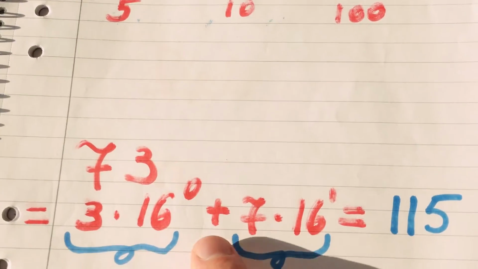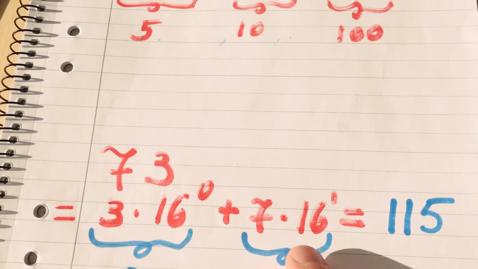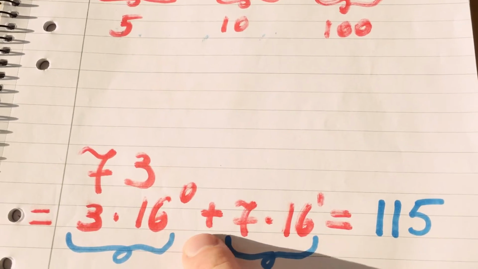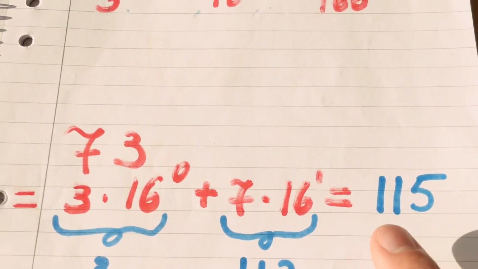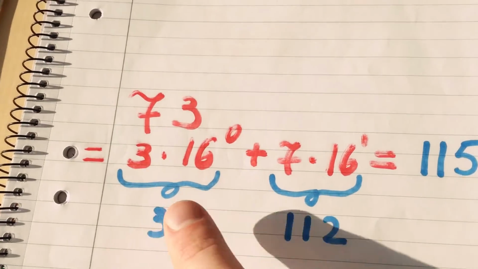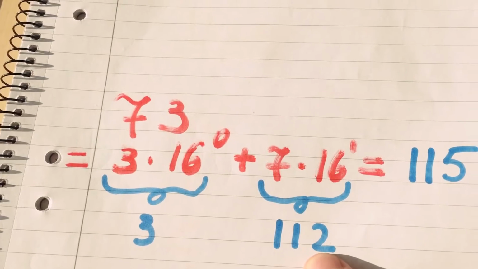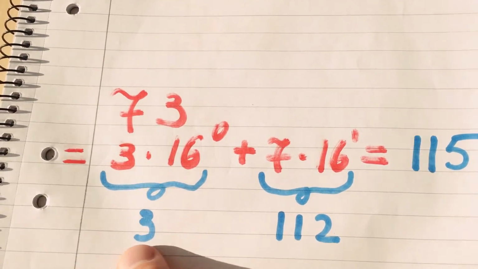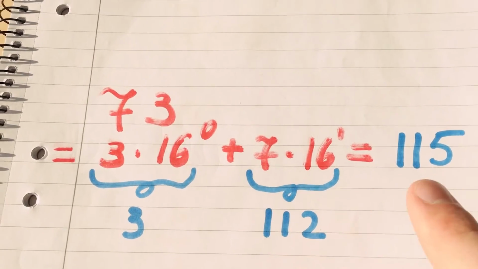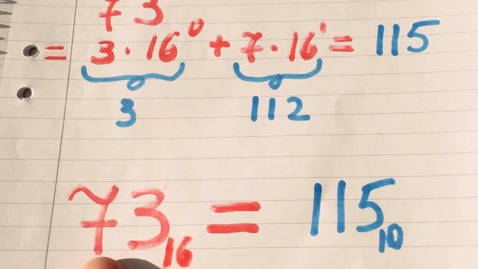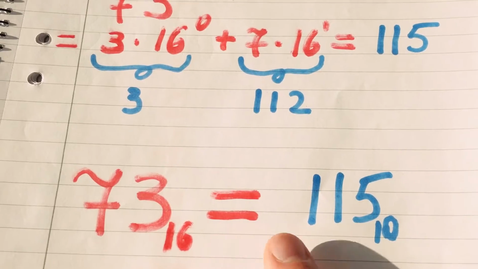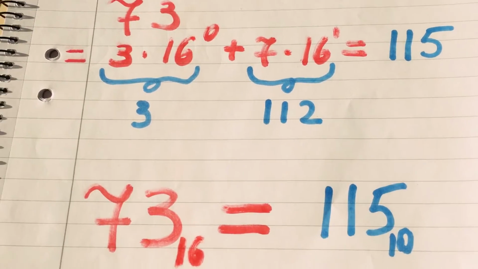And then we take plus 7 times 16 raised to the power of 1. And we'll get 115, because this is 3 and this is 112. If we add 3 and 112, we'll get 115. So actually 73 in base 16 is equal to 115 in base 10.